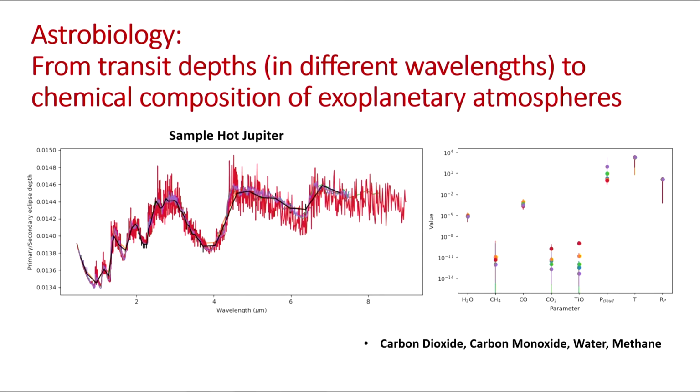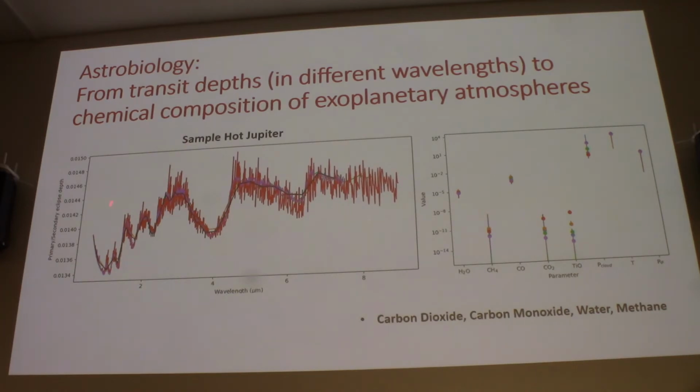So now that my machine learning model can predict the dip in light accurately for each of the 55 different wavelengths, how can we actually get the composition of the atmosphere of the exoplanet? So on the left, you can see the 55 different wavelengths on this side, as well as the dip in light on the y-axis.